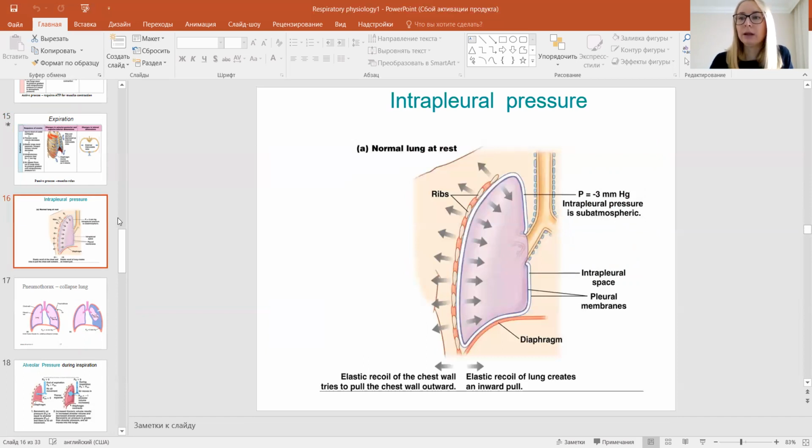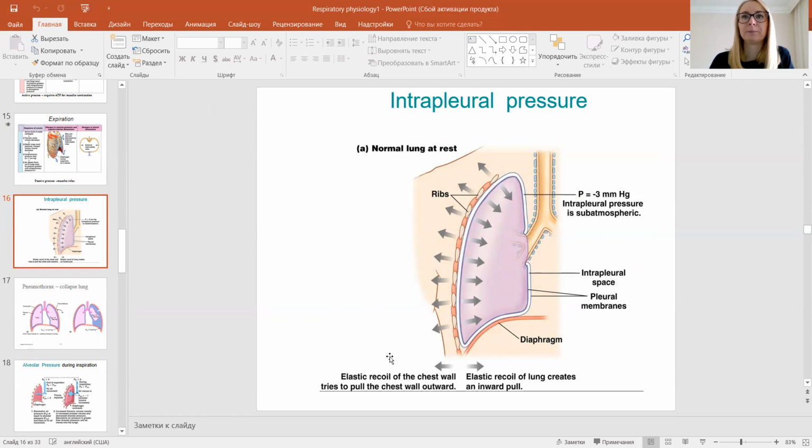So even in the absence of the respiratory movements, the lungs are usually expanded and contain some air, staying under the pressure that is equal to atmospheric one. The cause of this is negative pressure in pleural cavity, which is called intrapleural pressure, which is created by two opposite forces applied to parietal and visceral pleural leaves.